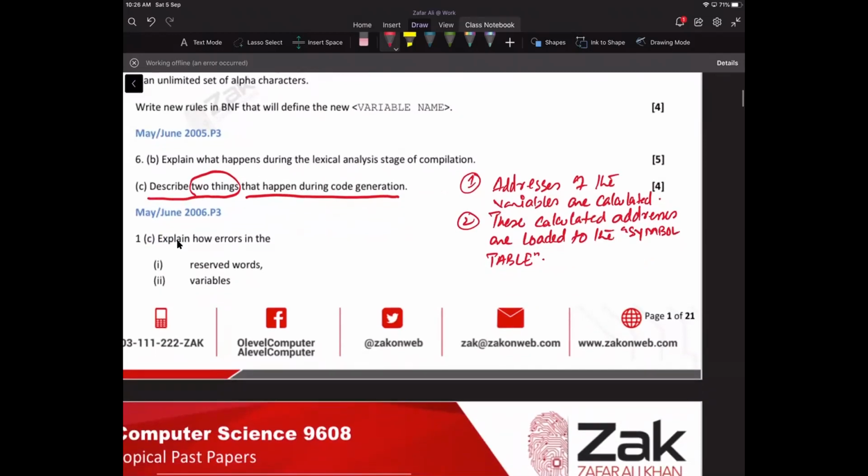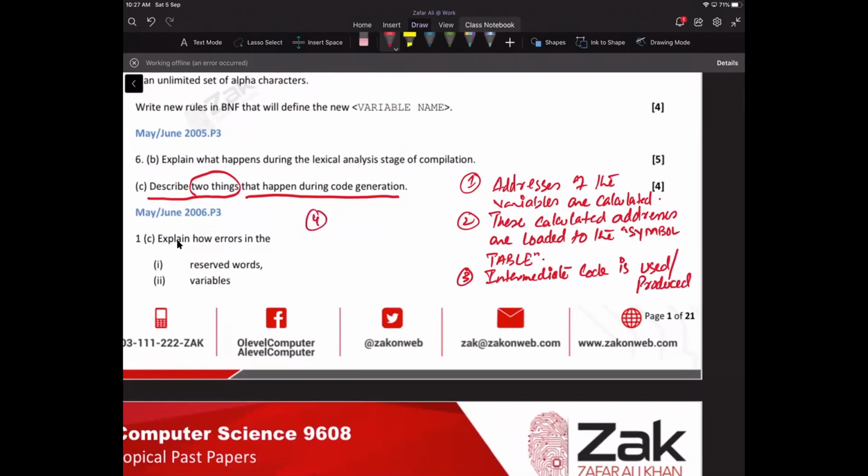All right. And then we have got intermediate code, which is used, or sometimes it is produced.